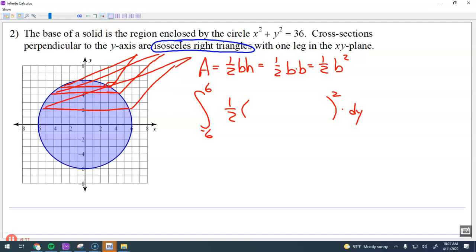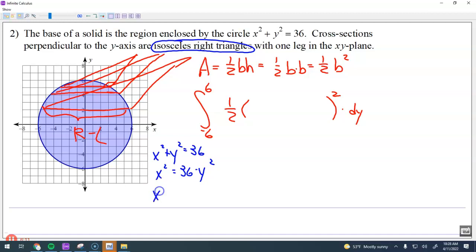Well, my next step is I got to do right minus left, how far is this distance? I don't have those equations yet. And to get those equations, I have to get in terms of y, which means solve for x. So x squared plus y squared equals 36. Let's say I subtract y squared from both sides.